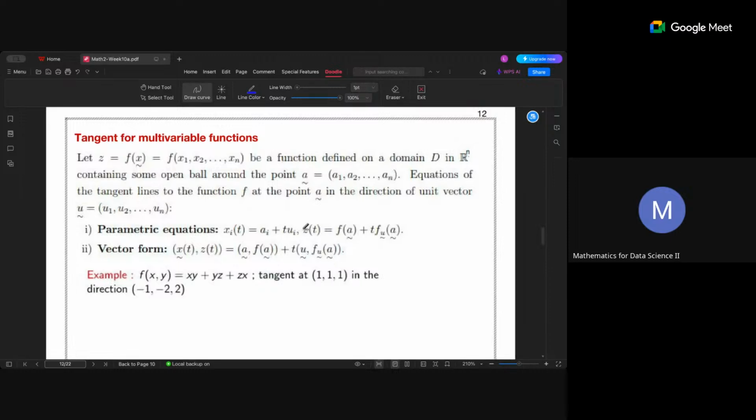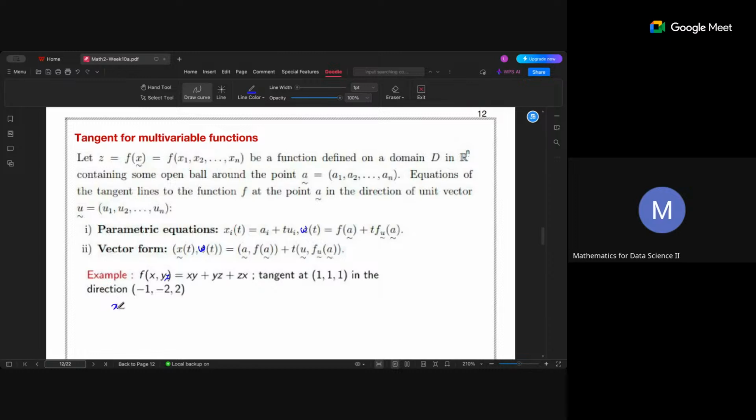So maybe here you have x of t, and here let's make it w, so that there is no confusion with the z here. Now apply the same formula.